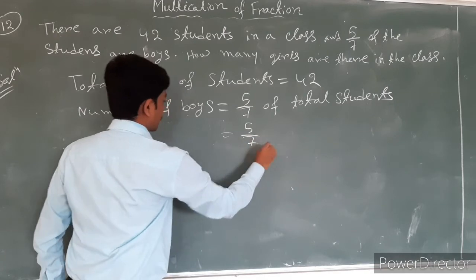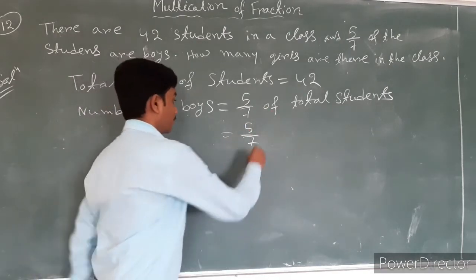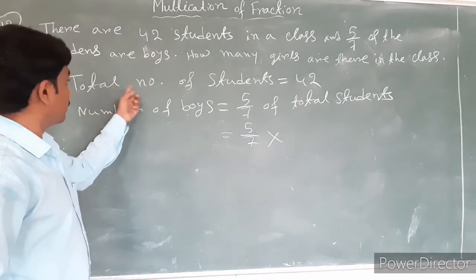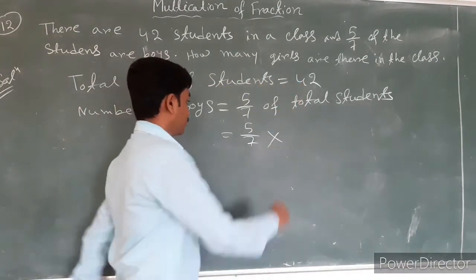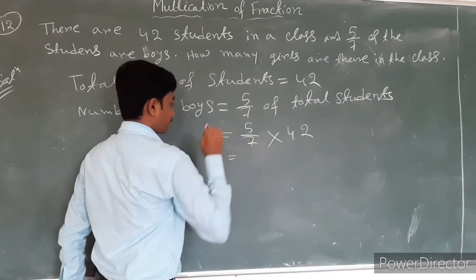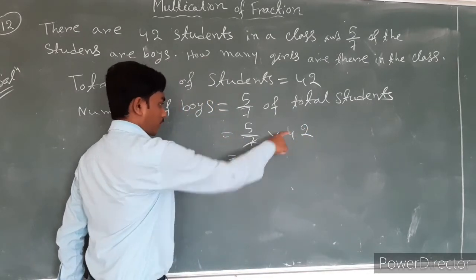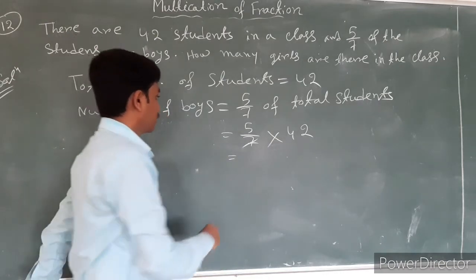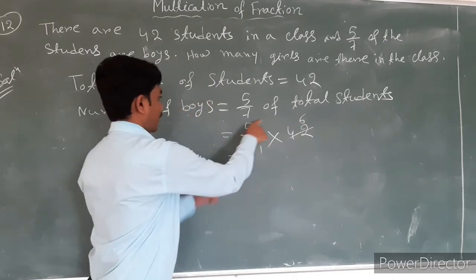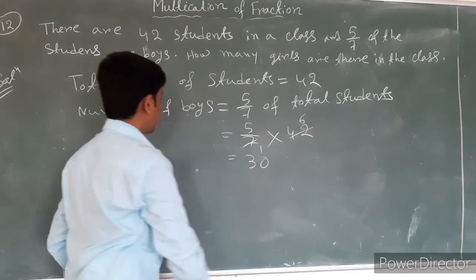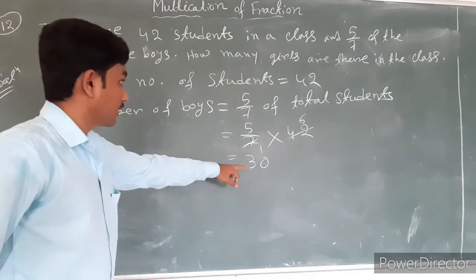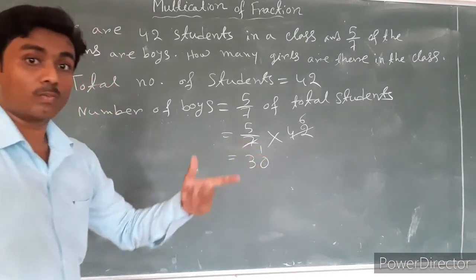So 5 upon 7 of means multiply by the total students. How many total students are there? 42. 7 and 42 are both divisible by 7. So 7 ones are 7, 7 sixes are 42. So 5 into 6 is 30. So out of 42 students, 30 students are boys.